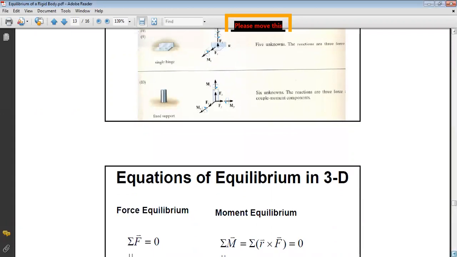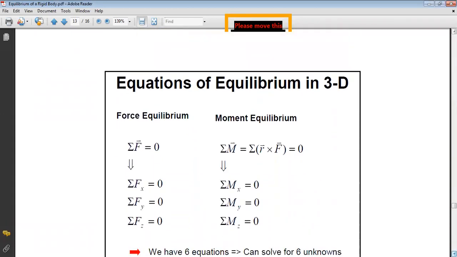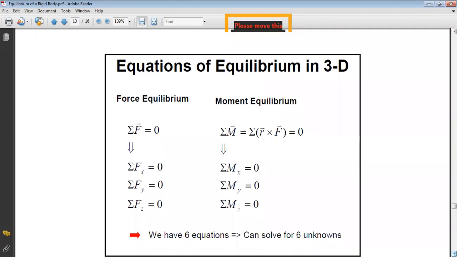Now, the second step, once we know the type of supports, is to apply the equilibrium conditions on the rigid body. As we said previously, we have two vectorial relations to satisfy. Sum of forces equals 0 first, like we did for the particle, but we should add to this an equation for the moment, which is sum of moments equals 0.